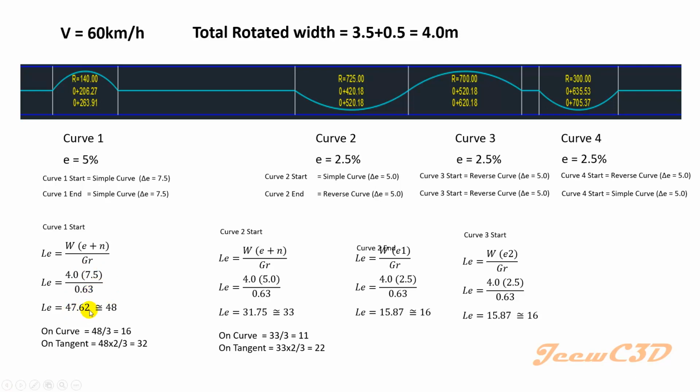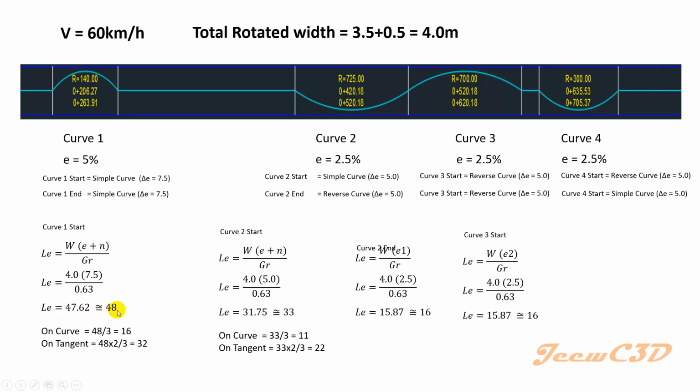If you remember, for simple curves, when we distribute the super elevation development length, we say 2/3 of the length would be on the tangent and 1/3 would be on the curve. So in this case, we select a length which is divisible by 3. So 47.62, we select 48.